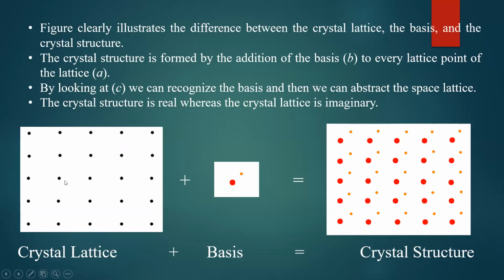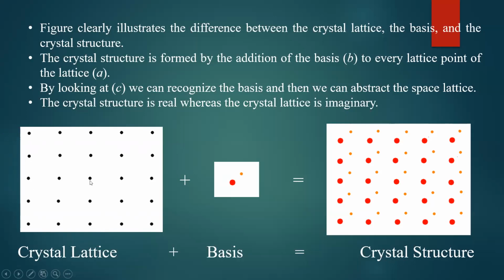So crystal structure has certain arrangements in a regular fashion, and that arrangement is done by using basis. Remember, crystal lattice or lattice points do not exist in nature. They are imaginary. For our understanding, we are making these points, just like the rangoli. Rangoli points you can find. Then this has certain symmetry. You can observe this is exactly symmetric with respect to the x direction and y direction.